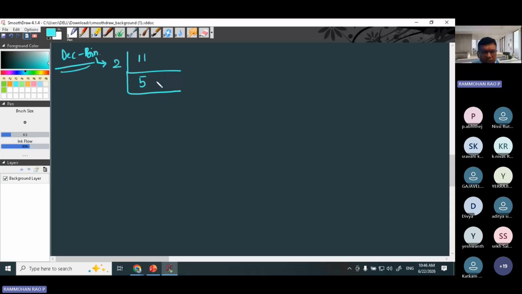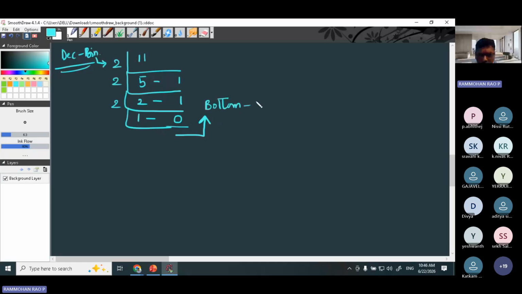So 2 5s are 10. What is the remainder? Remainder is 1. 2 2s are 4. Remainder is 1. 2 1s are 2. Remainder is 0. Remember, after doing LCM, you have to collect the answer from bottom to top.